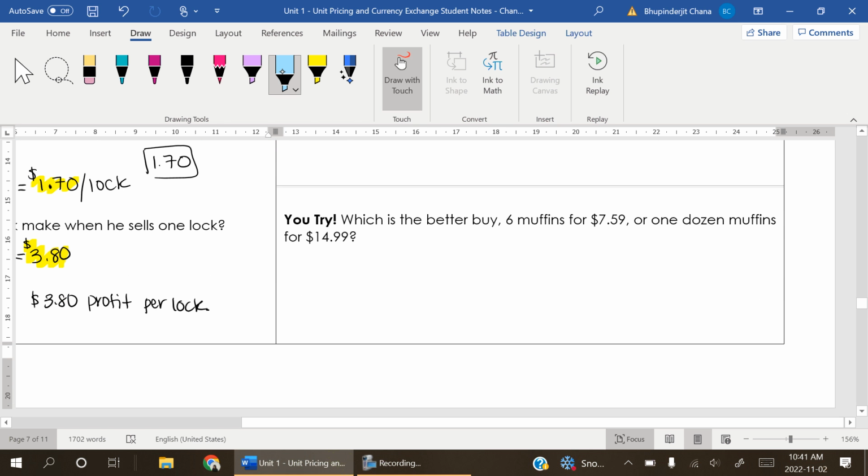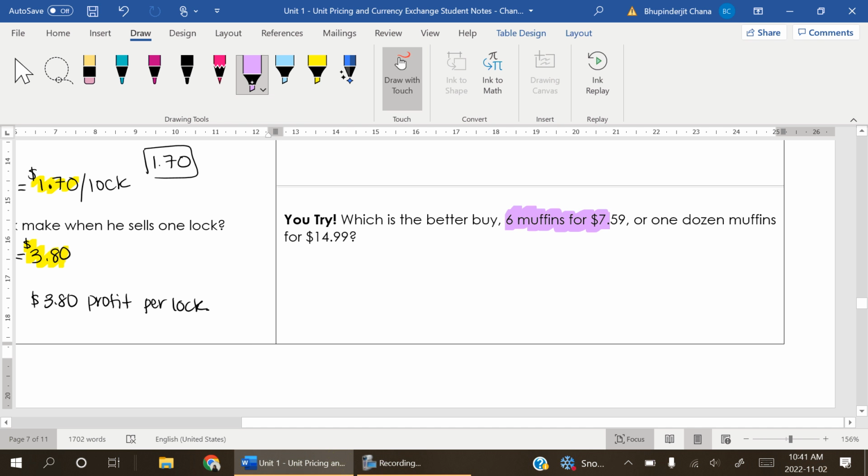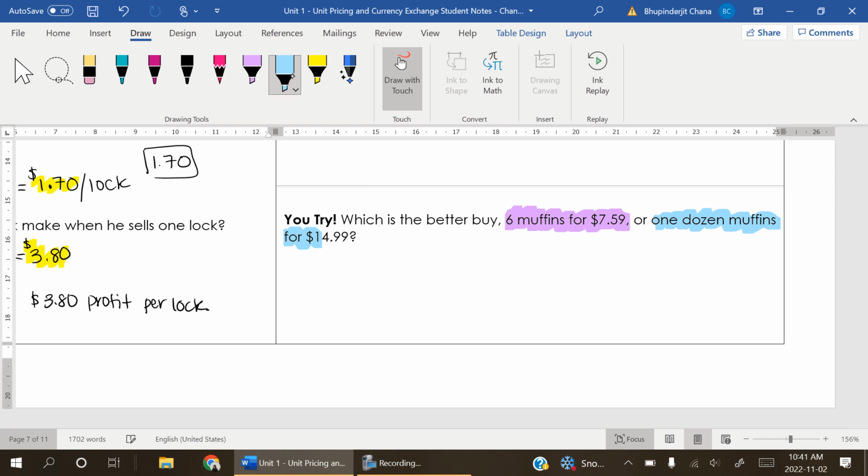We've got one for you to try on your own. So you want to decide which one is the better buy. Which one's the better buy? 6 muffins for $7.59 or 1 dozen muffins for $14.99. And remember, a dozen means 12.